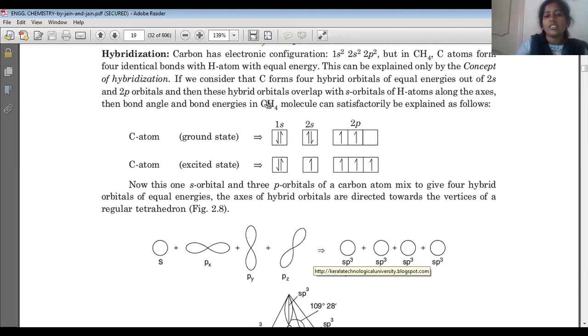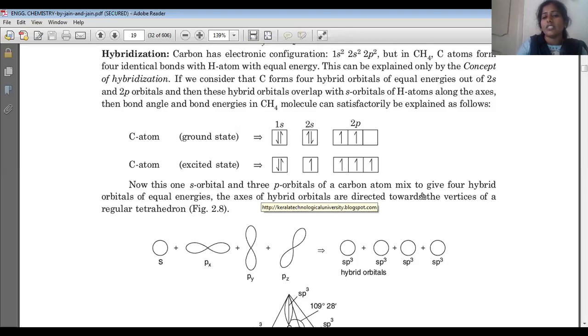Consider the simple example methane, where carbon is surrounded by 4 hydrogens. In the excited carbon atom, the 2s orbital has 1 electron and the 2p orbitals have 3 electrons. This is the excited state electronic configuration of the carbon atom. Now the s orbital and 3 p orbitals can intermix.